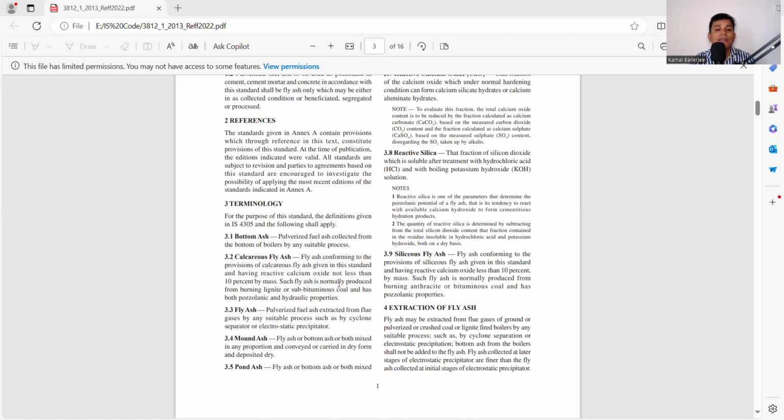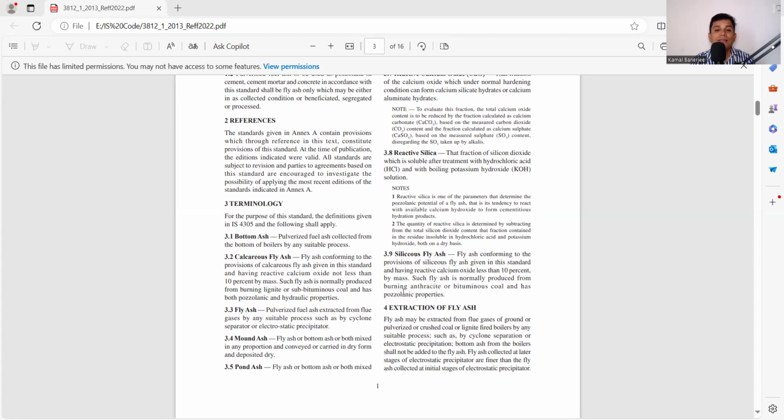So if it is more than 10%, it will be treated as calcareous fly ash. Such fly ash is normally produced from burning lignite or sub-bituminous coal and has both pozzolanic and hydraulic properties. So for our understanding, calcareous fly ash has calcium oxide more than 10%.